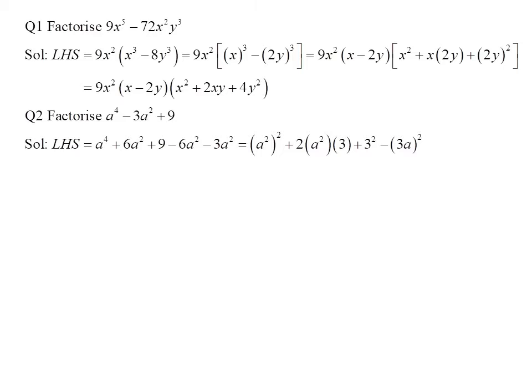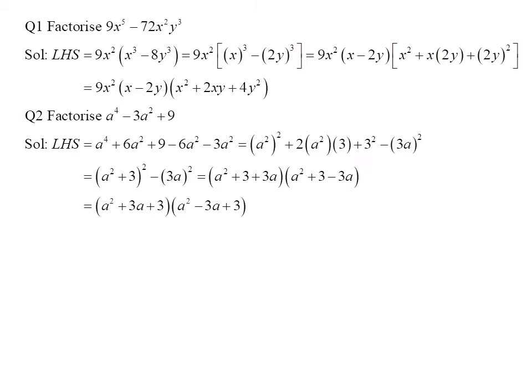In this way, 3 terms, a to the power of 4 plus 6a squared plus 9, can form a completing square, while 9a squared is equal to (3a) squared. It is just a squared term subtract another squared term, which can be factorized using the difference of two squares. Hence we finish the factorization.